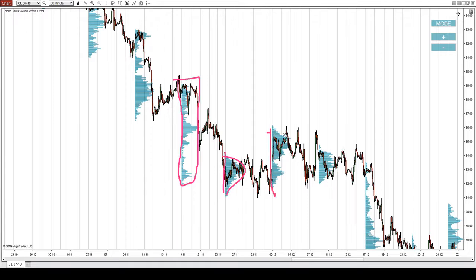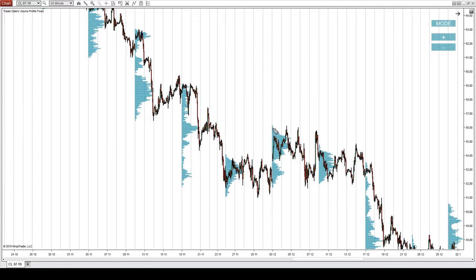There was sort of a P-shaped profile, a sign of buyers, but those buyers didn't really hold, and this P-shaped profile was more or less a part of this whole area where there's a D-shaped profile, P-shaped profile, and D-shaped profile.